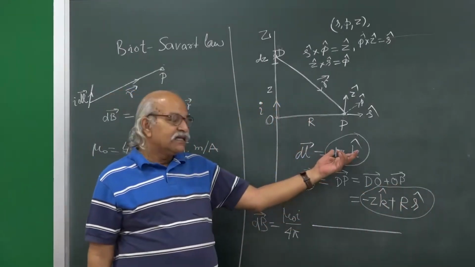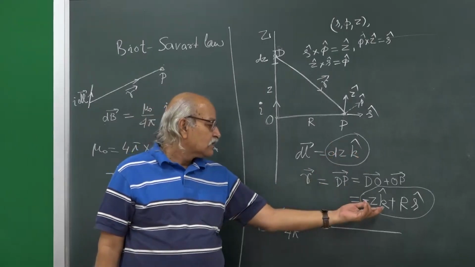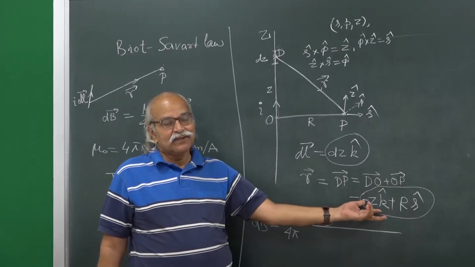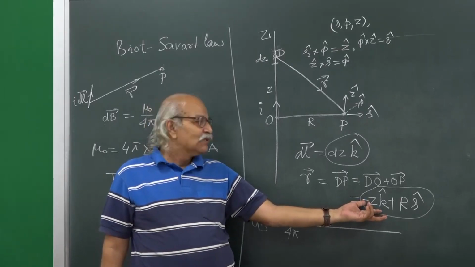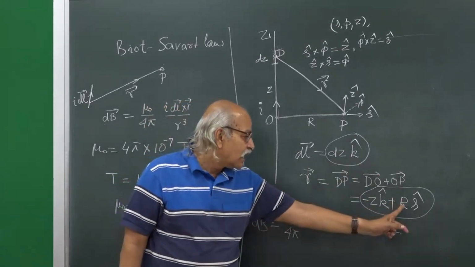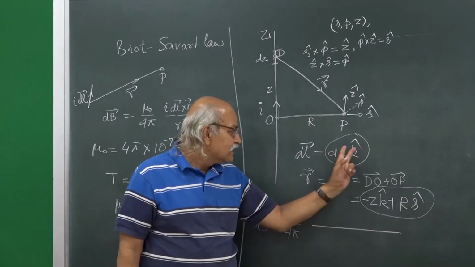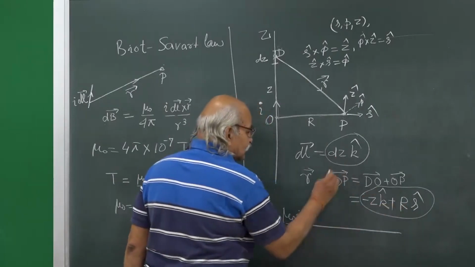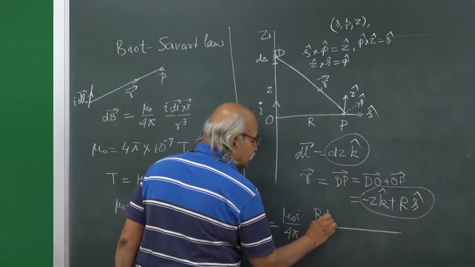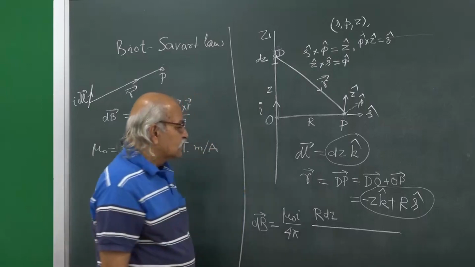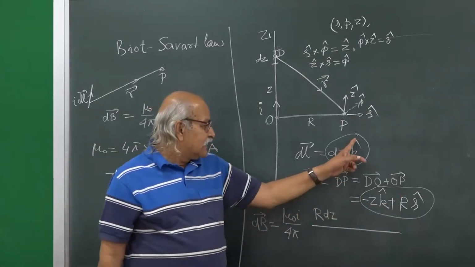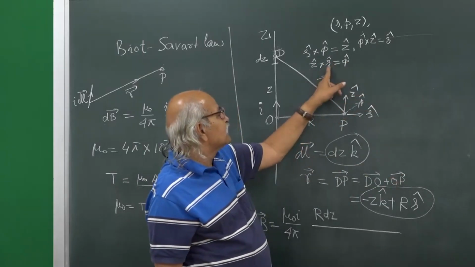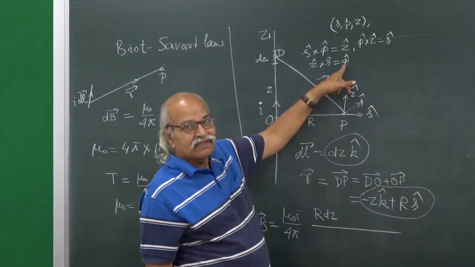So dz k cap cross minus z k cap is 0. K cap cross k cap is 0. So you are left with this term. This is r into dz, k cap cross s cap, and k cap cross s cap is phi cap.